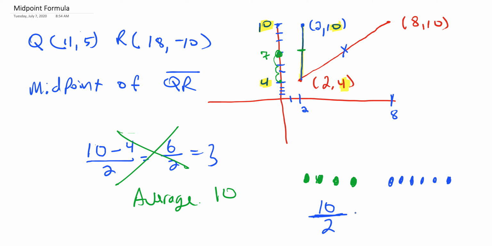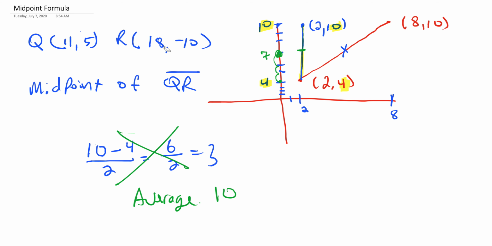To show the work, 4 plus 6 over 2 is 5. So each person has an average of 5.